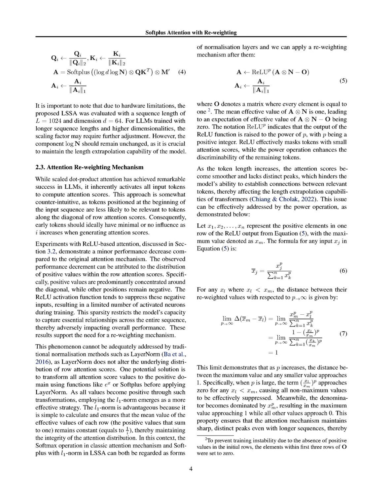Theoretically, LSSA introduces a dynamic length scale factor that adapts to varying token lengths, enhancing the model's ability to maintain distinct attention peaks even as sequence lengths increase, which is crucial for effective length extrapolation.